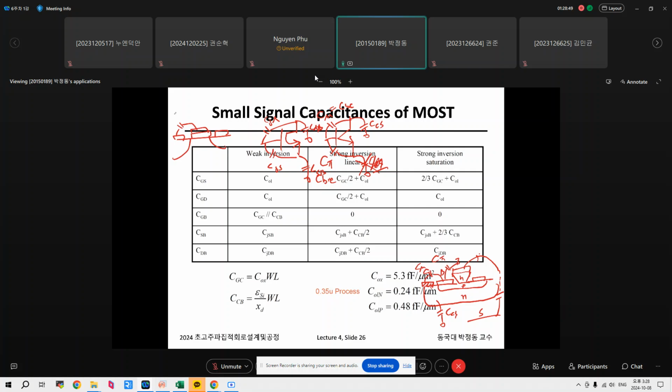So this is a CGS, this is CGD, this is CDB, this is CSB, right? So we have four capacitors. And also sometimes we describe CGB as well. Okay, but this is not that important.